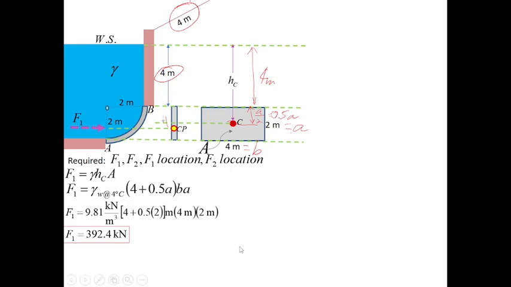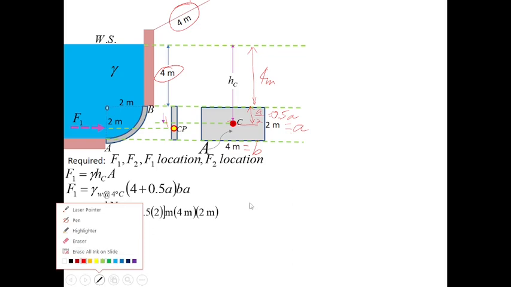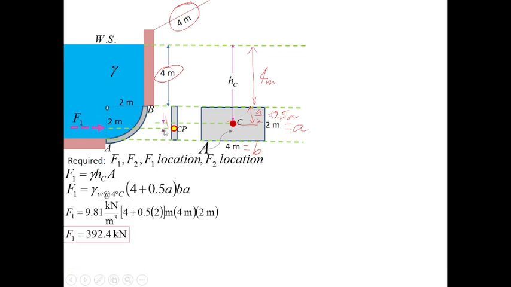Next, we consider the location of F1. This is our eccentricity. The eccentricity is IXC over HCA.